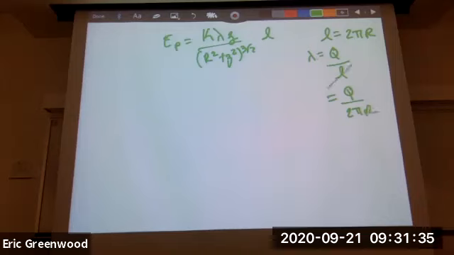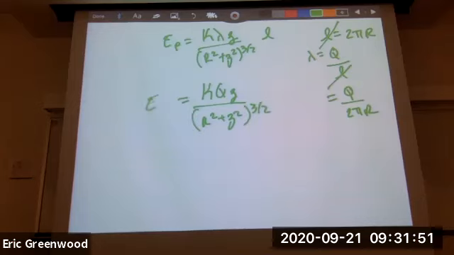So actually this length cancels this length, which means the length doesn't matter as well. So if I put all that in, this becomes k times q times z divided by r squared plus z squared all to the 3/2. But we said this thing was pointing in, say, the z direction, so this is all pointing in the k-hat direction.